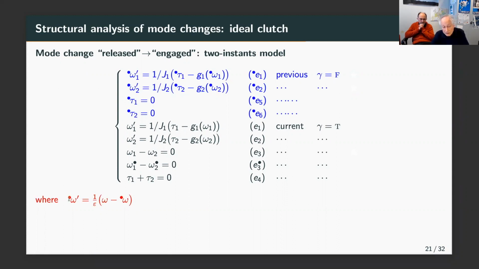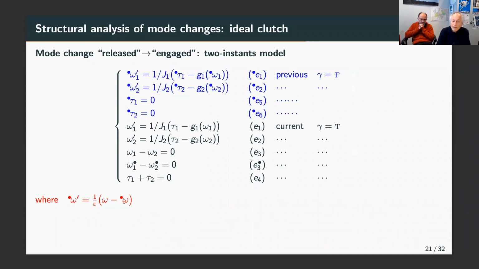Remember that because omega prime is interpreted by using the first order Euler scheme, the bullet version of omega prime is given by this formula, namely that the most recent value is omega and the previous value is left bullet omega, which is omega at time t minus epsilon.